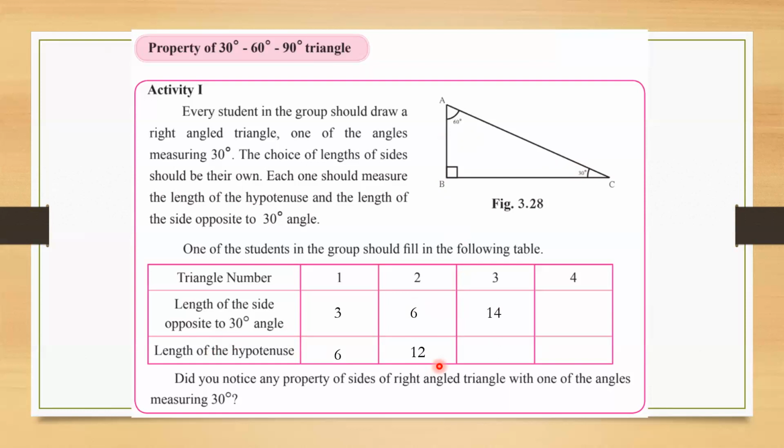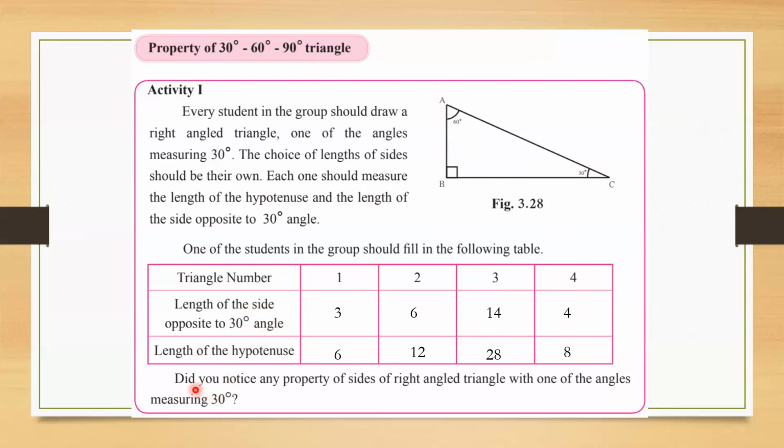The length of the side opposite to the 30° angle.